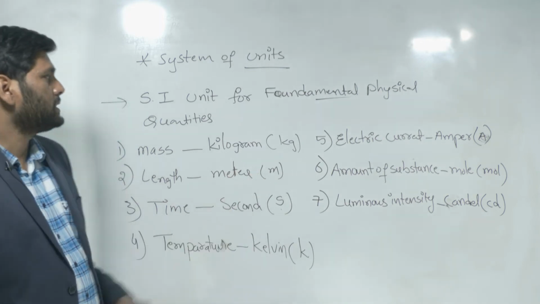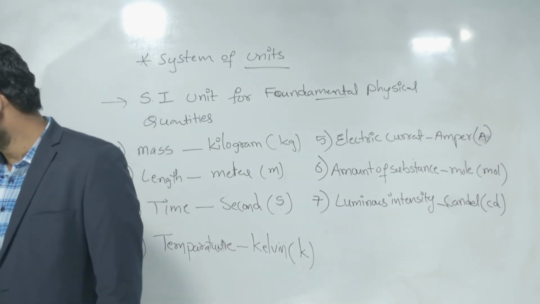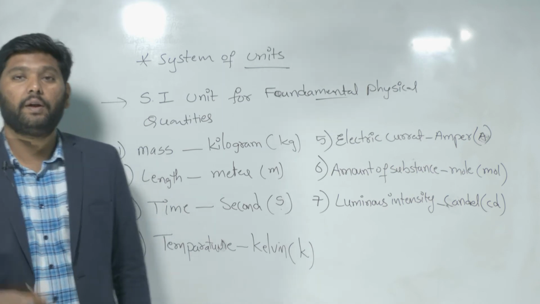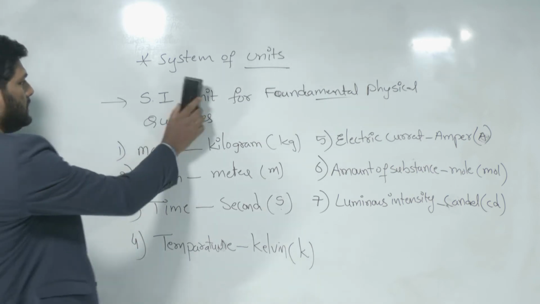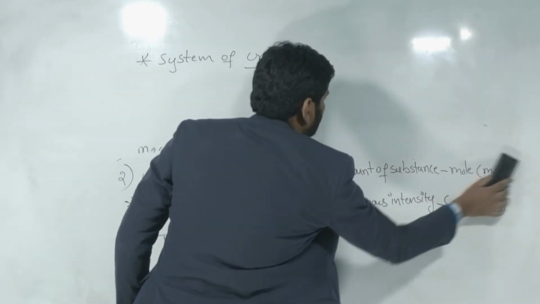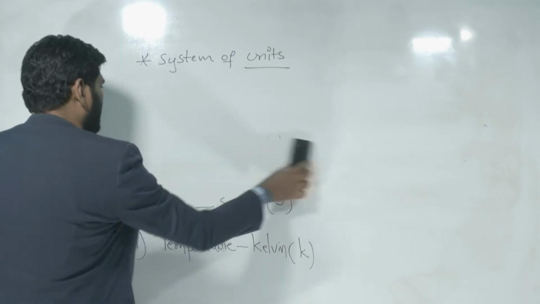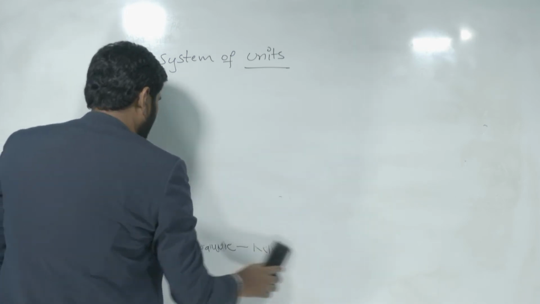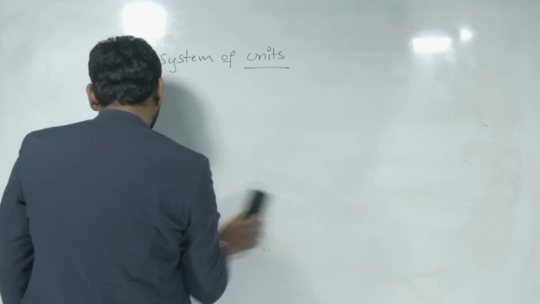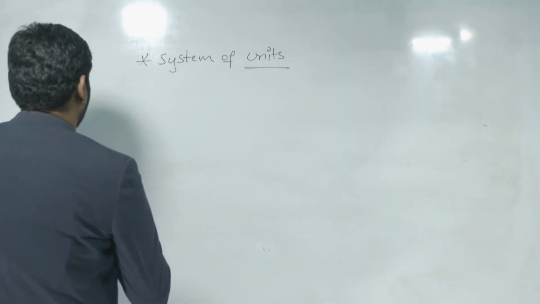So let's discuss some examples for the different units. Let's discuss some examples for derived physical quantity units. Give me examples for derived physical quantities in your book.